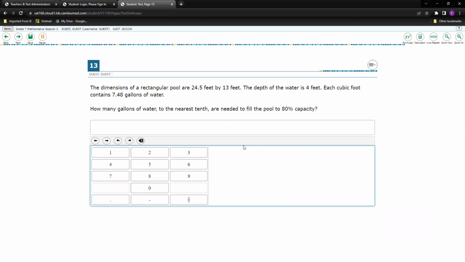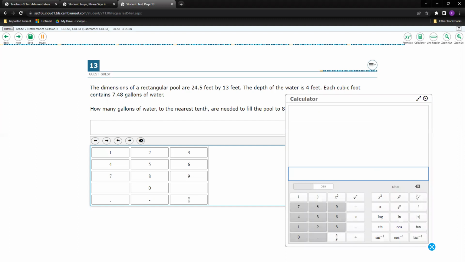The dimensions of a rectangular pool are 24.5 feet by 13, and the depth of the water is 4 feet. Each cubic foot contains 7.48 gallons. How many gallons are needed to fill the pool at 80% capacity? So let's bring the calculator again.